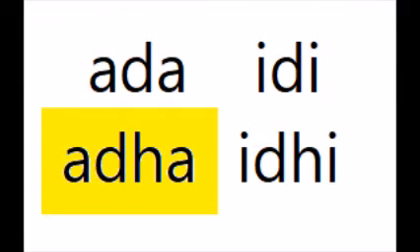Broad lenited D is a bit of a wacky one, because way back about 1,000 years ago, during the Middle Irish times, it was being pronounced, as you would expect, as a dental fricative, so the th that you would have in English. It isn't anymore.